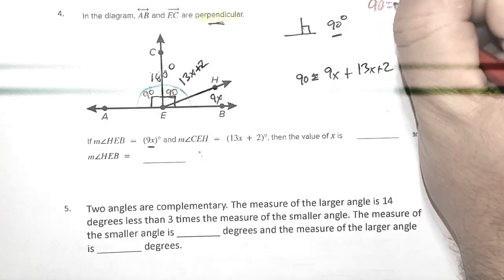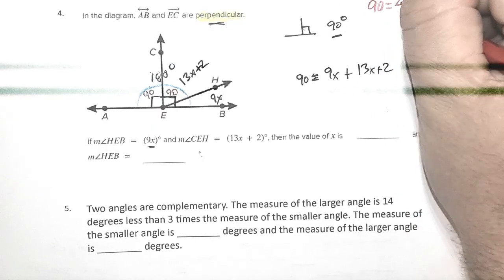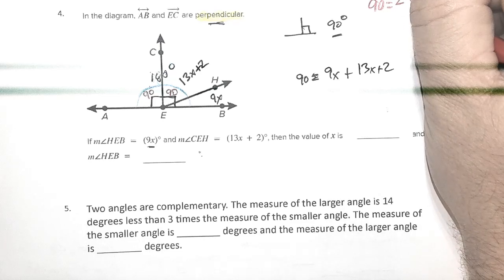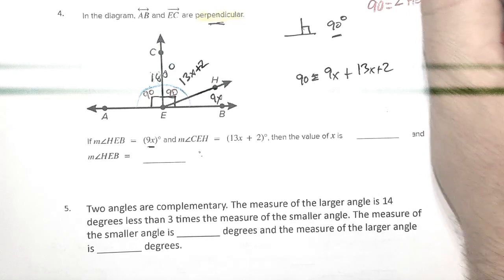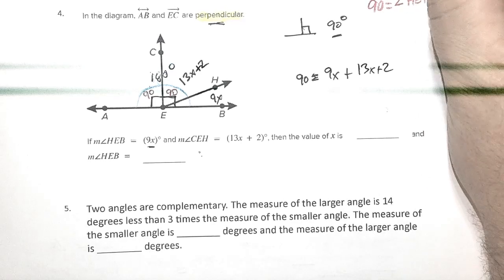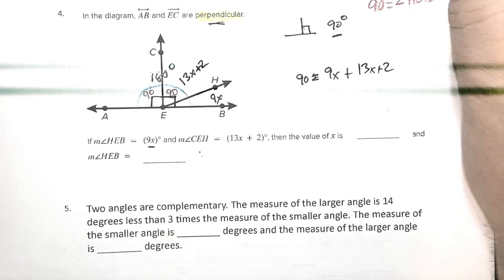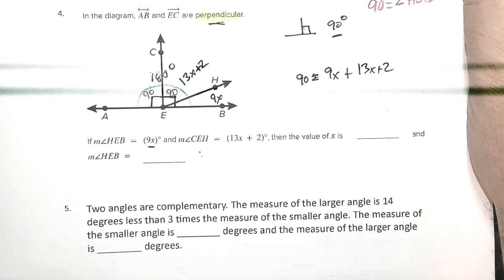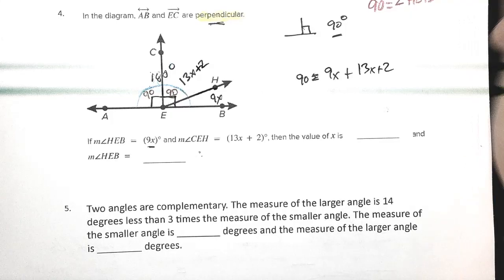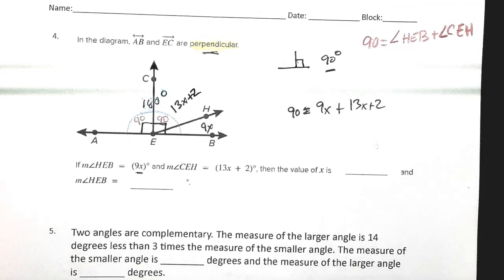So 90 equals angle HEB plus angle CEH. Oh, goodness.